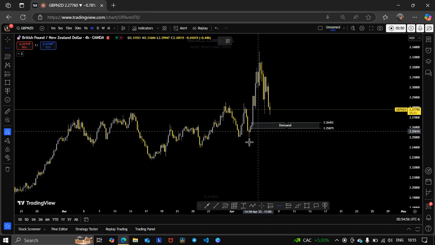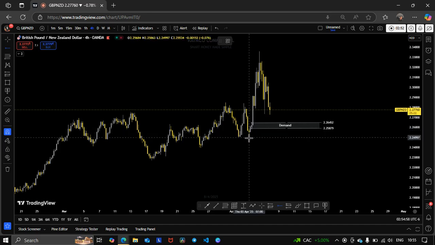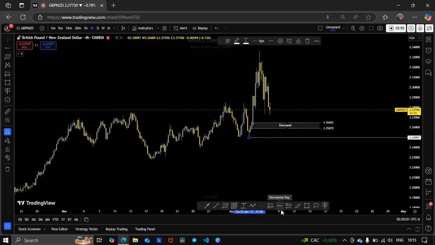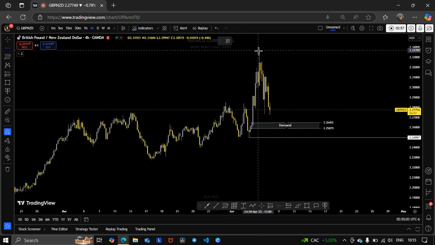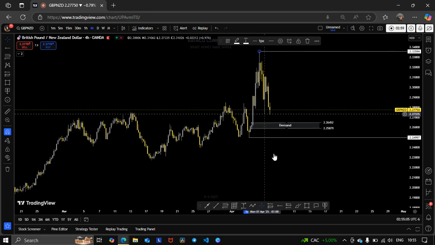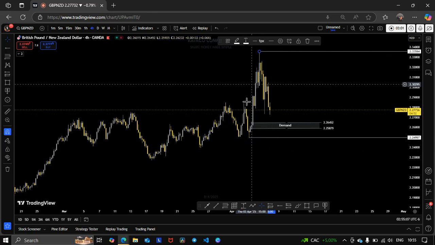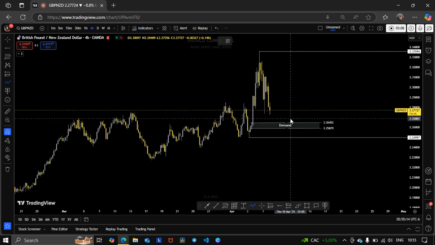This is what I'm seeing, and this is the low that caused this break of structure. If I have to enter, I'm going to enter on the demand zone.